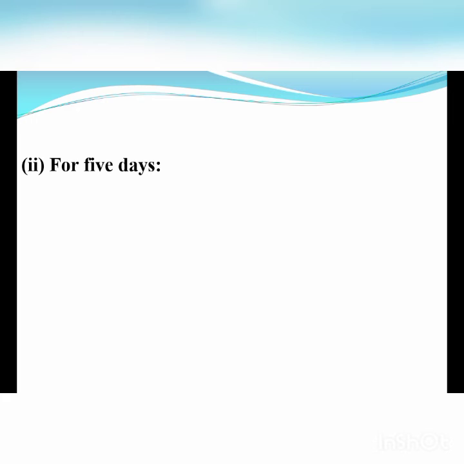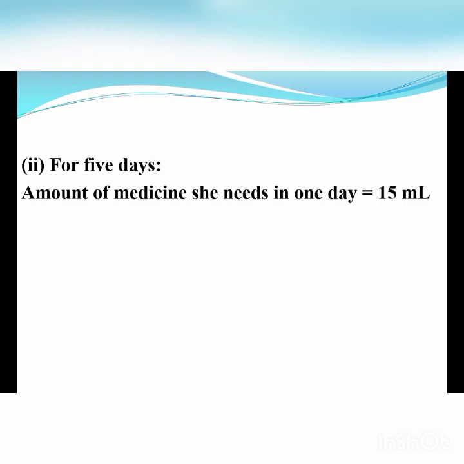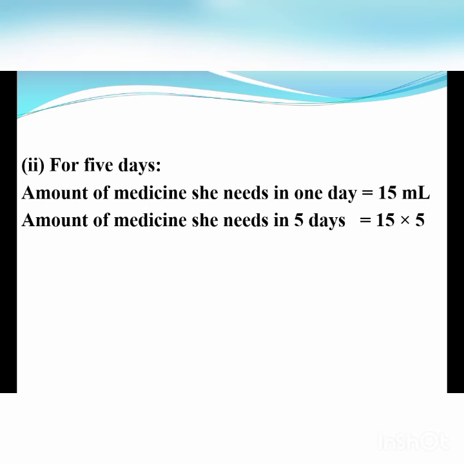Now the second solution, for 5 days. Amount of medicine she needs in 1 day is 15 milliliters, and the amount of medicine she needs in 5 days is 15 multiplied by 5. 15 times 5, or we can say 5 times 15.